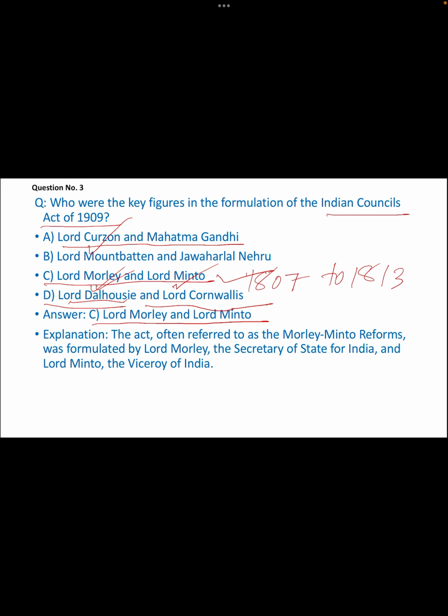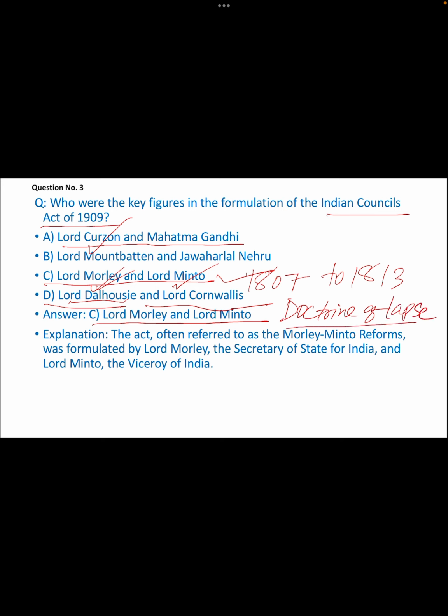For instance, he played a significant role in the introduction of reforms like railways, telegraph, and postal networks in India. At the same time, he also introduced the doctrine of lapse policy in 1857. So the doctrine of lapse was very, very controversial.